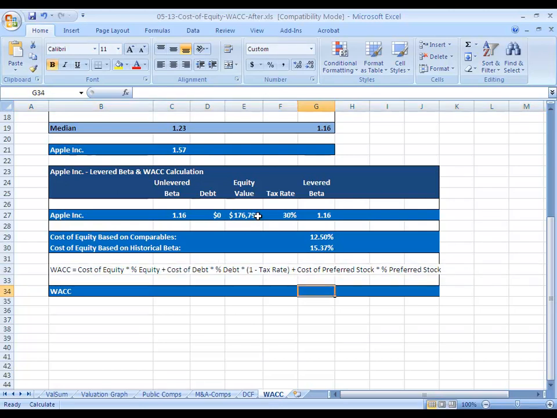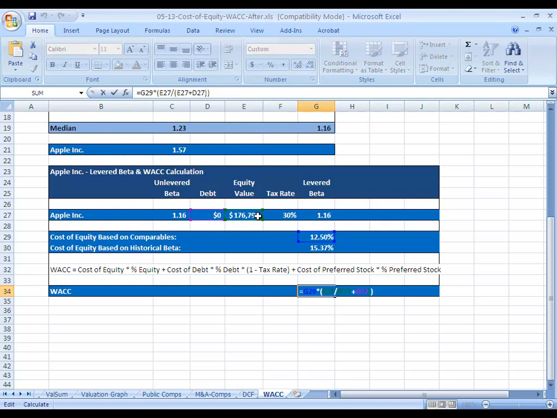So the formula here is our cost of equity. For the percent of equity in the company, we're going to take our equity value right here and divide by equity value plus debt. If we had preferred stock, we would also be factoring that in. So that gives us the cost of equity portion of WACC.